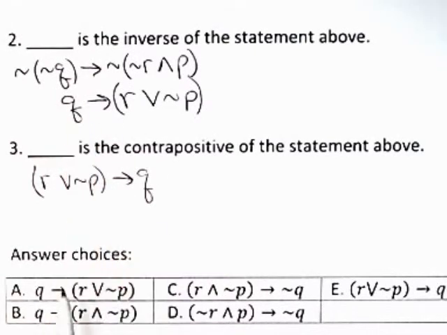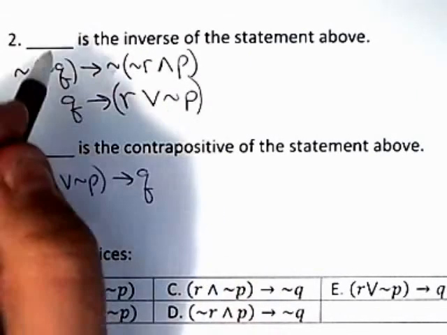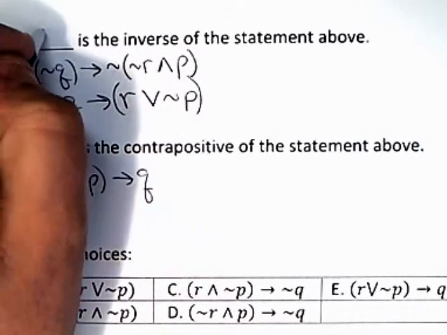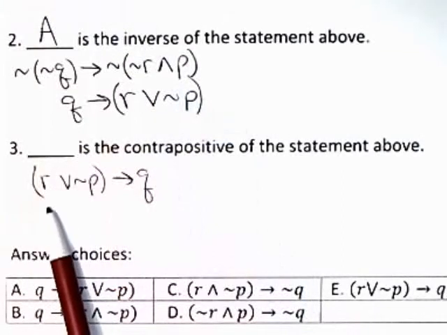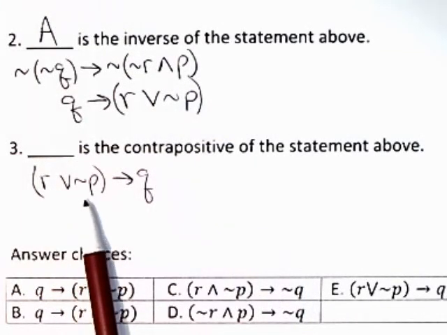I'm looking for this one. I've got Q implies R or not P. That'd be this one. So that would be A. And then this one, R or not P implies Q. It's an or. That would be that one right there, which would be E.